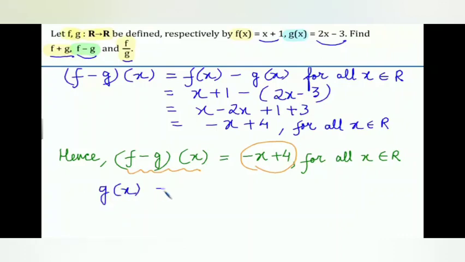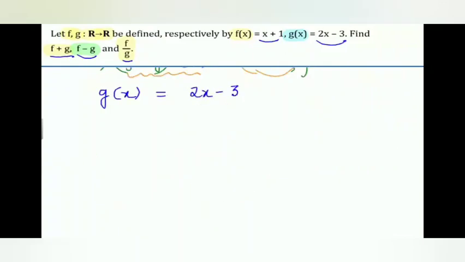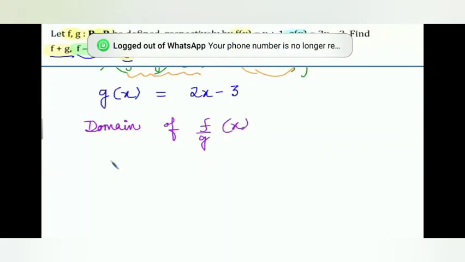Now you have to just subtract f minus g of x is equal to minus x plus 4. So g of x is equal to 2x minus 3. Now domain of f divided by g of x.